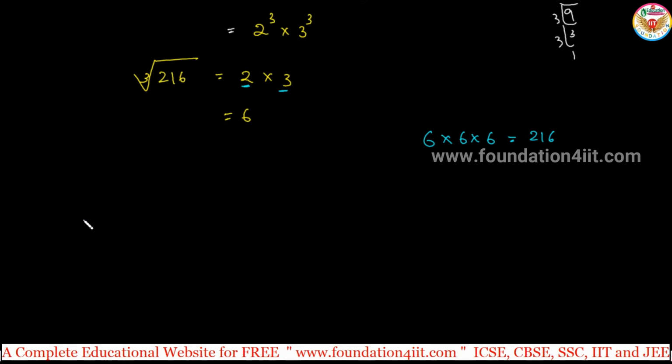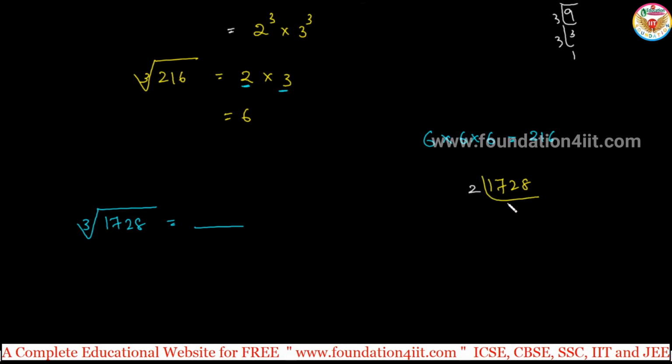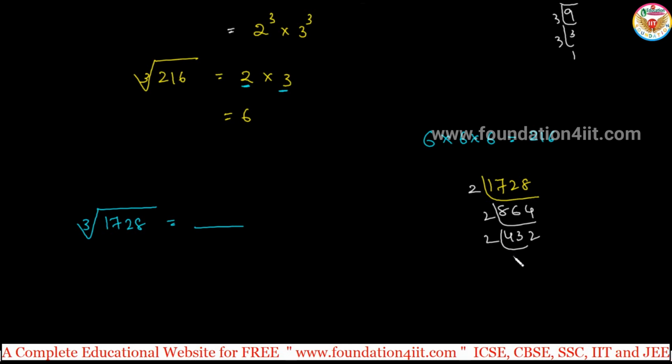See one more example. How do we find the cube root of 1728? Just take this number and do prime factorization. 1728: same, go with the 2 table. 2 8s are 16, 6 is 12, so 864. Again 2, 432, 2 table, so 216.